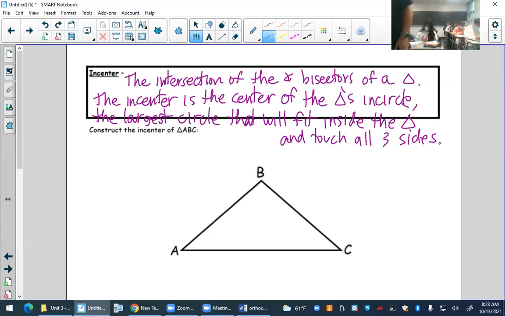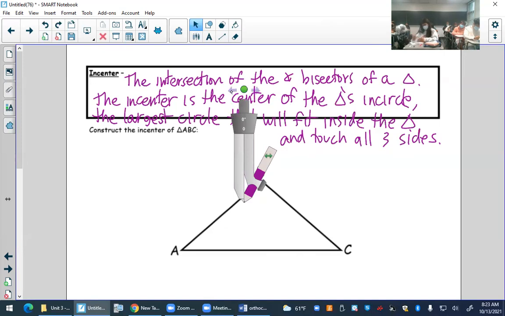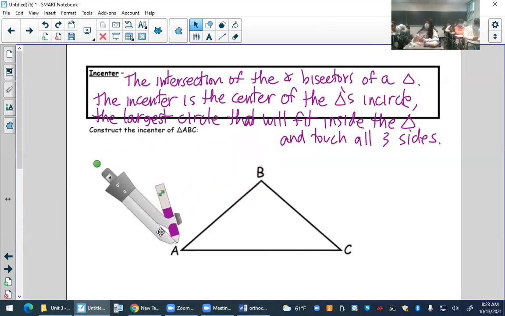So I'm going to do two angle bisectors. Then you do an angle bisector.